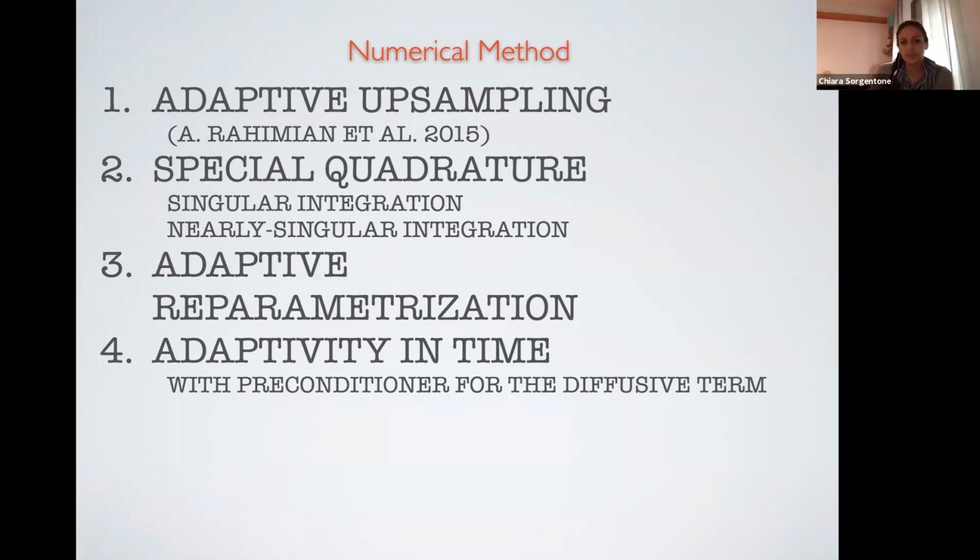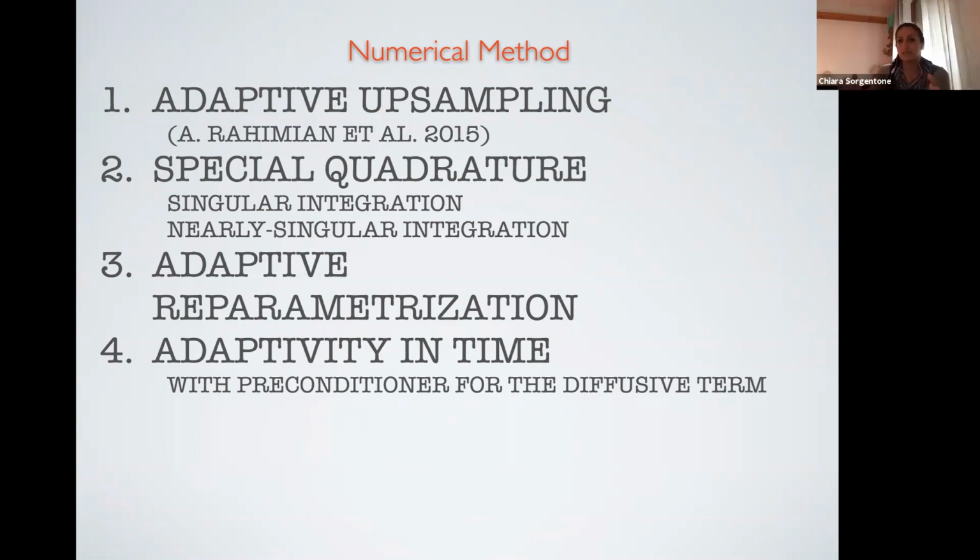We also have the special quadrature rule that I mentioned before, both for the singular and for the nearly singular integration. That means that, for example, in the simulation of drop pairs that I will show you later, we have two drops getting closer. They are not super distorted, so we can keep P quite small, but at the same time, in order to have a good quality of the integration, we need P high.